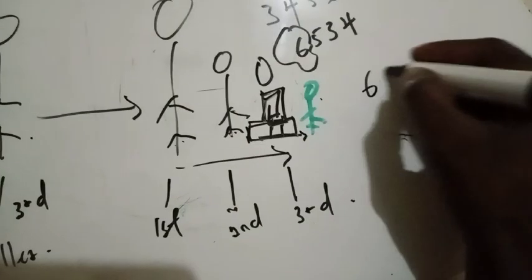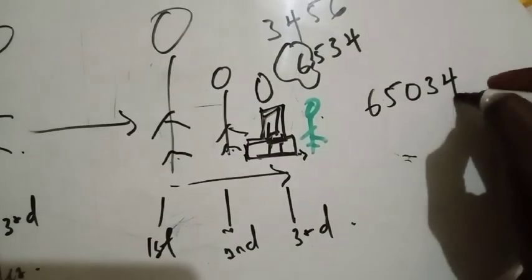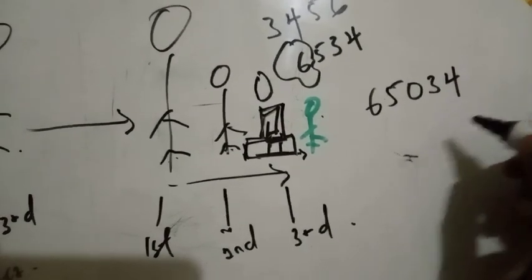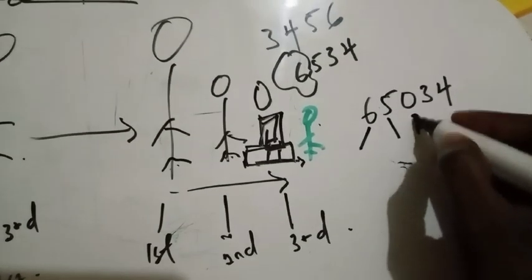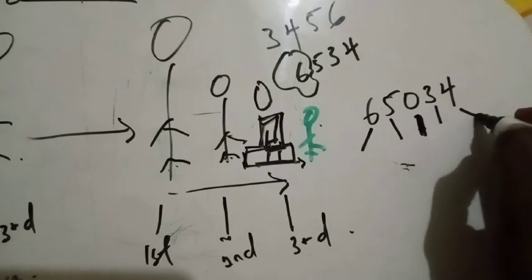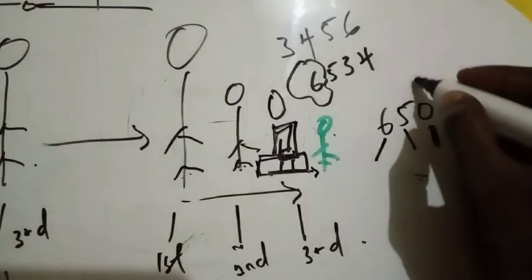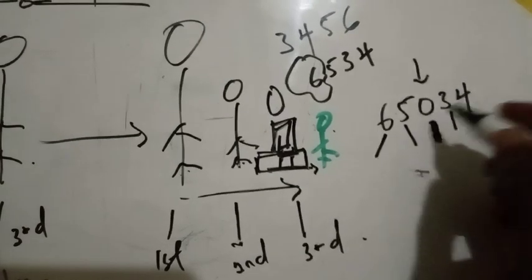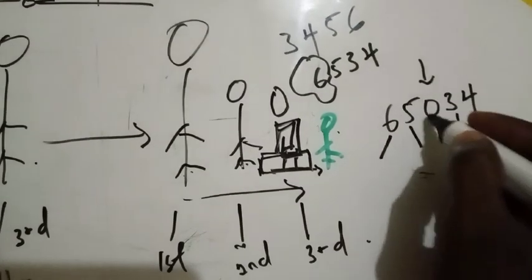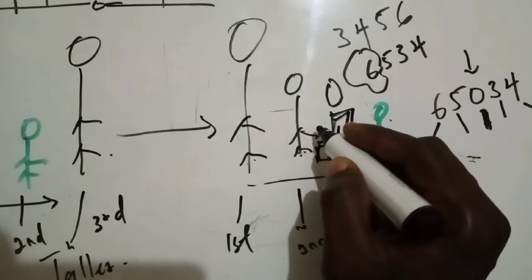So if you have 6, 5, 0, 3, and then 4, when I'm counting the significant figures, this is 1, 2, 3, the third person here, fourth, and the fifth one. So in all, there are 5 significant figures here. That is when the 0 is in between. Are you getting the point? So you will count the 0 whenever the 0 is in between some numbers. Always remember this scenario.